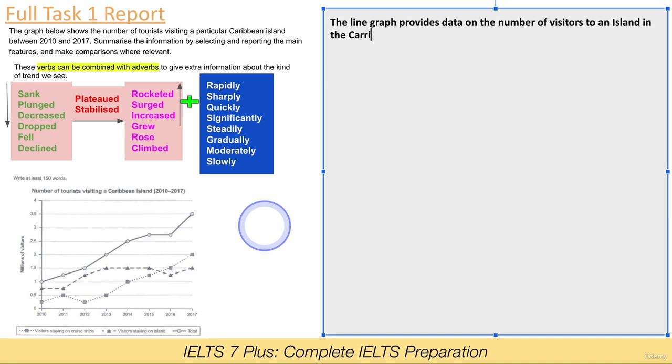We don't want to lose meaning, so we want to paraphrase as much as we can, but keep the accuracy, the meaning there. Between the years 2010 and 2017. The line graph provides data on the number of visitors to an island in the Caribbean between the years 2010 and 2017.